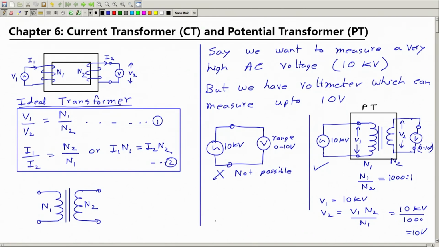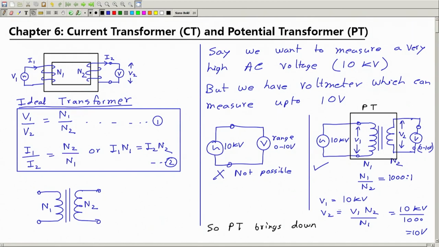So PT, potential transformer, normally brings down the voltage; we generally do not need a PT to increase the voltage.